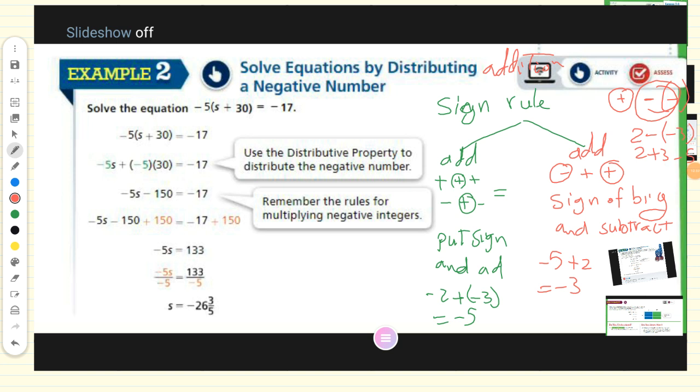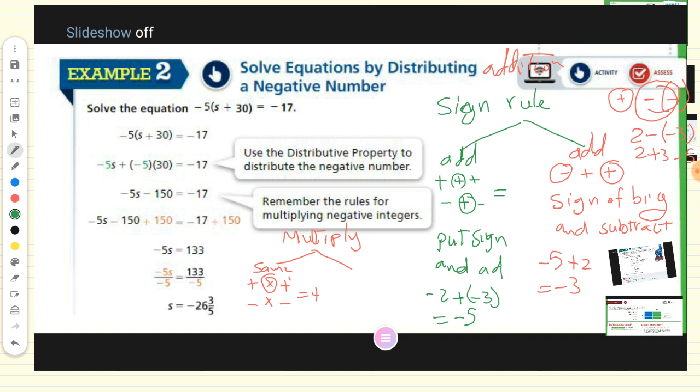What about the rule of multiplication? Similar: same sign will give positive. So positive multiply positive, or negative multiply negative, will give positive.